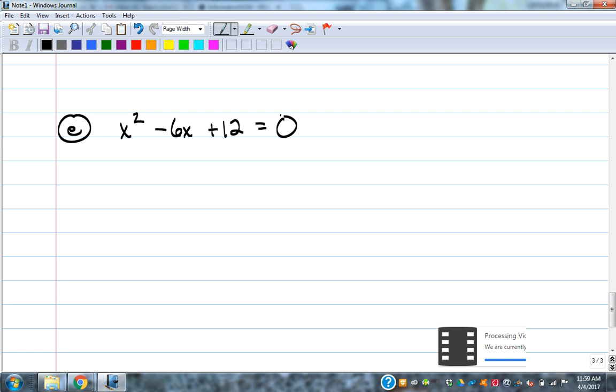Is that set up and ready to go? Yes, it's equal to 0. It's in descending order, so it's ready to go. So we need A, we need B, and we need C. What's A, B, C? 1, negative 6, 12. Let's find the discriminant.